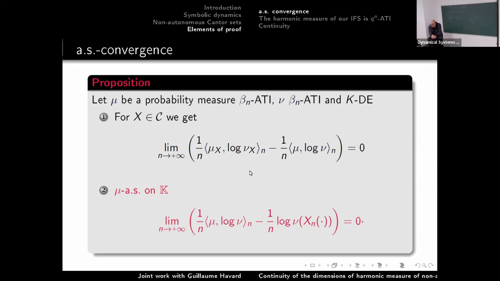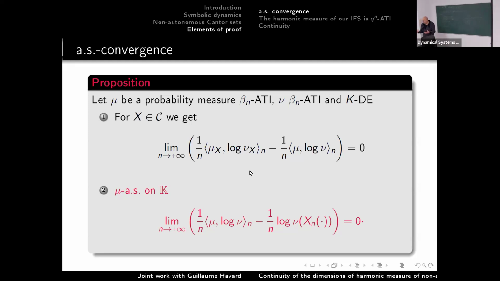In fact, in all reasonable measures I can think of on these non-autonomous Cantor sets, that is, if they have something to do with the sets. Otherwise you can put a uniform measure on the symbolic set, but that doesn't mean anything.